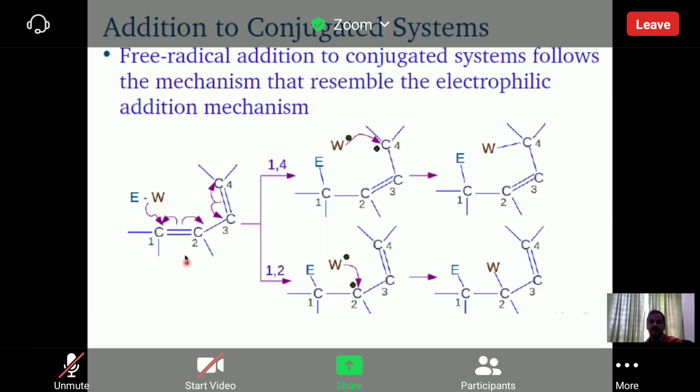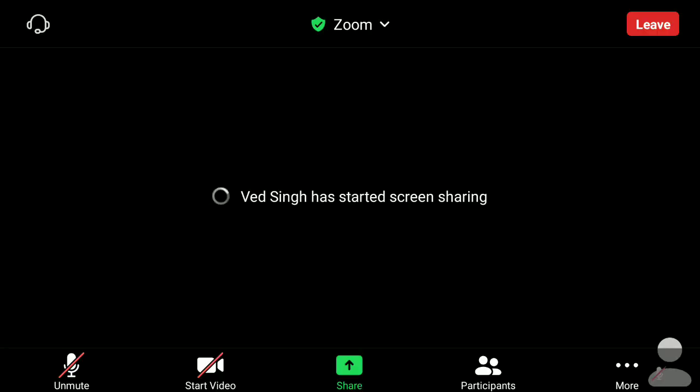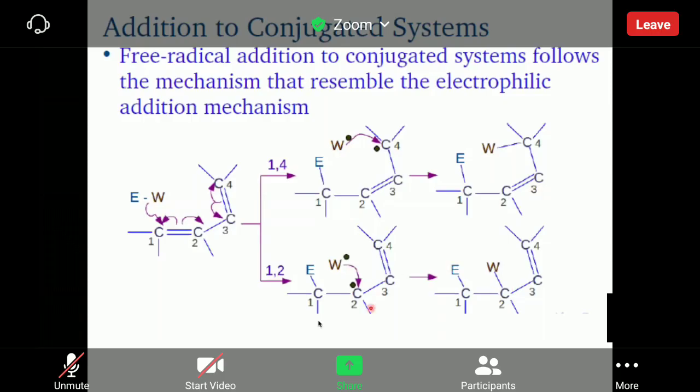If the electrophile is forming the bond, then this bond will form and this will generate the C4 free radical intermediate.